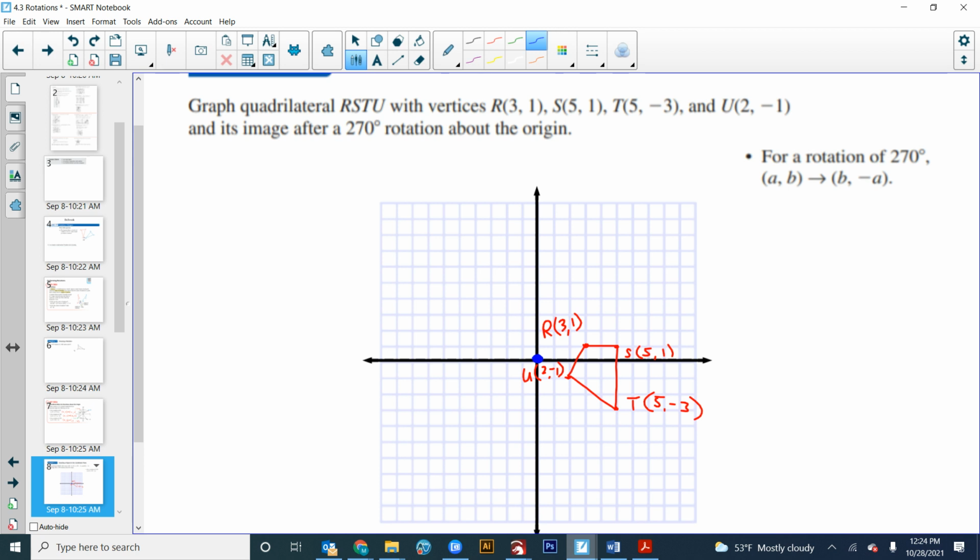The rule is, and again, the more you write this, the easier it will be to memorize. The rule is xy turns into y, comma, negative x for a 270 degree counterclockwise rotation. Counterclockwise can be abbreviated CCW.